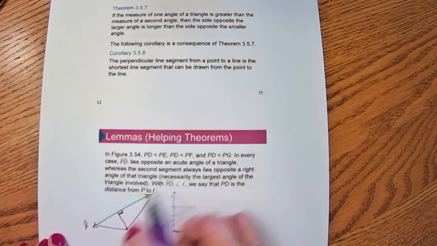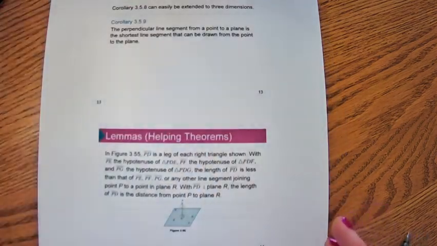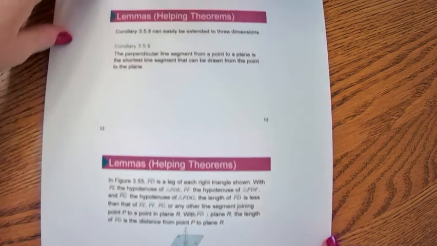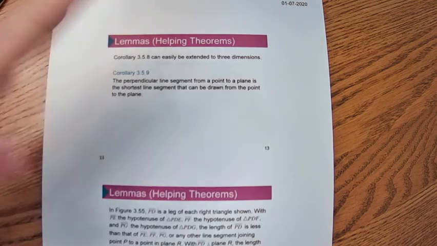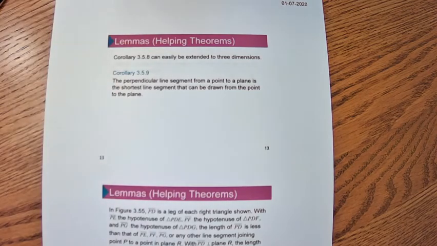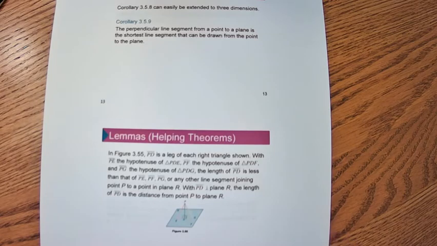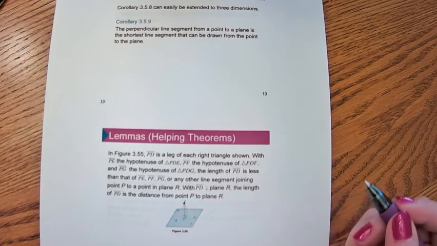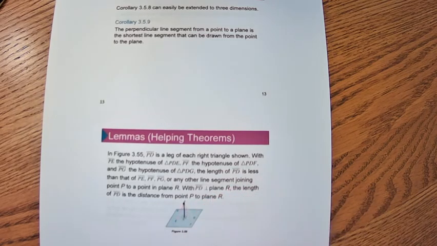That's always going to be the shortest, and any other segment will always be longer than the perpendicular line that was drawn. And everything we've said about points to lines can also be said through planes. So the shortest distance from a point that's not on the plane down to the plane is always going to be the one that creates a right angle.